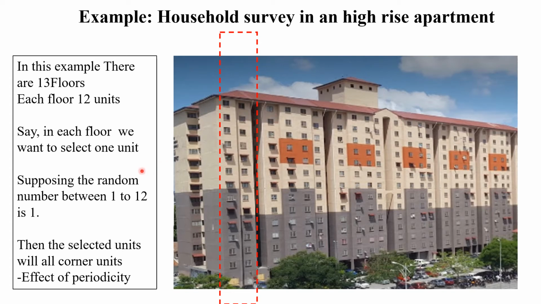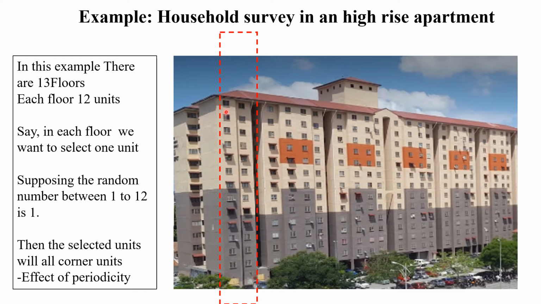But now, suppose the number we generated between 1 to 12 was number 1. It means on every floor, the first unit will be selected. So these units have similar characteristics, being end units, right? Normally, these end units are a bit costly compared to the middle units, the intermediate units.